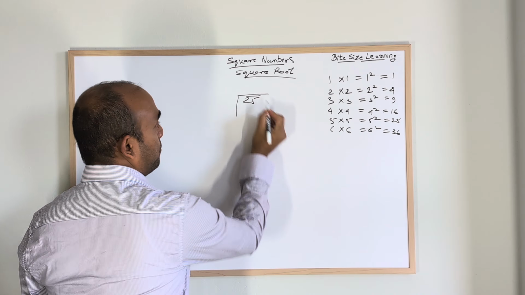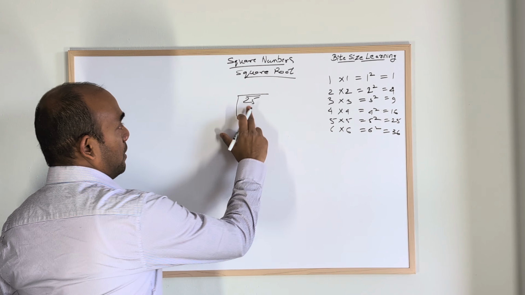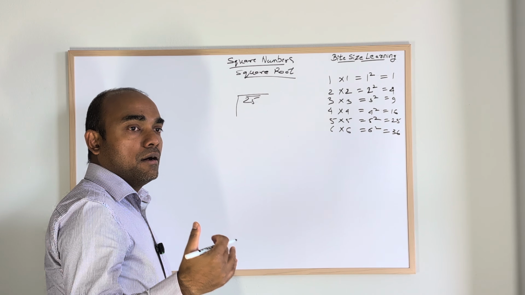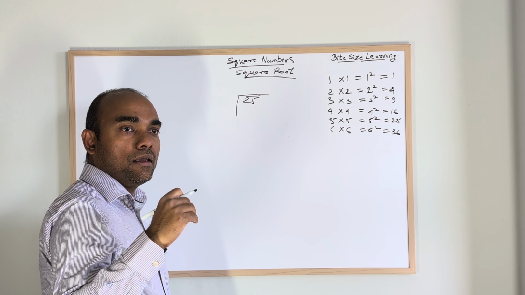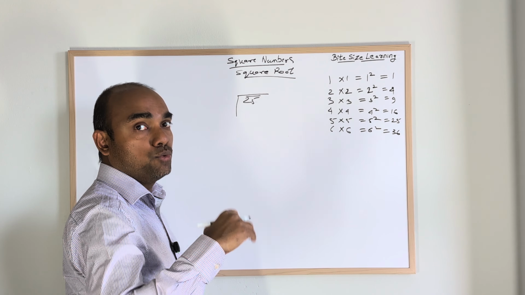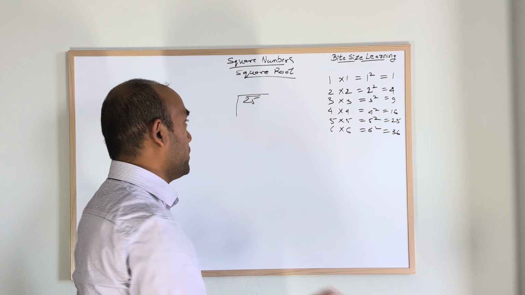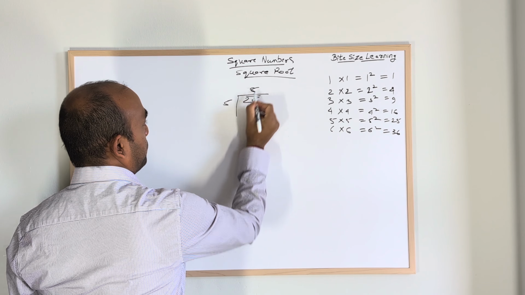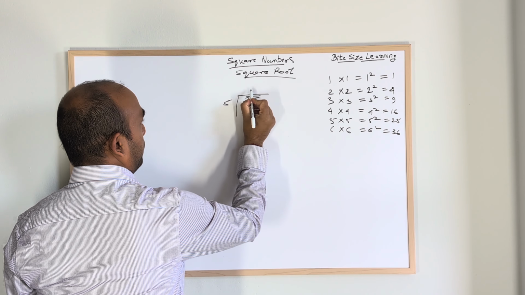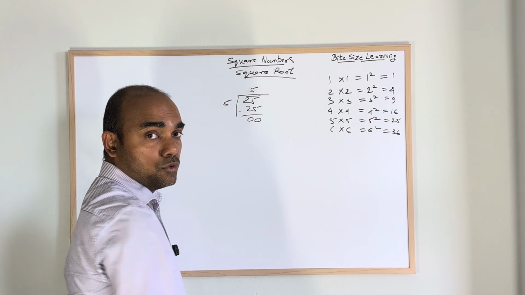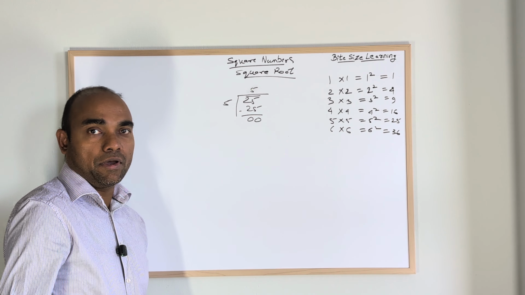Here we have two digits, so we pair them together and then continue reading the table until you get the number that multiplied by itself gives it: 1 times 1, 2 times 2, 3 times 3, 4 times 4. Here you know that 5 times 5 is 25. So the square root of 25 is 5.